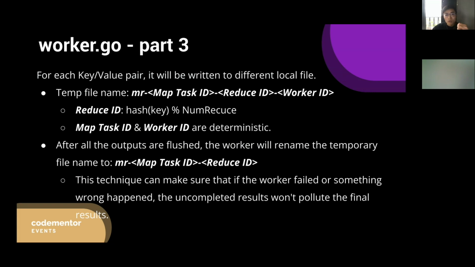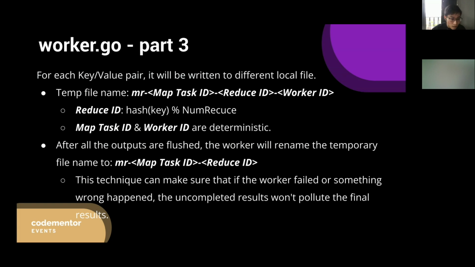After all the outputs are flushed, the worker will rename the temporary file to mr-map task id-reduce id. This technique makes sure that if the worker fails or something goes wrong, the uncompleted result won't pollute the final result.